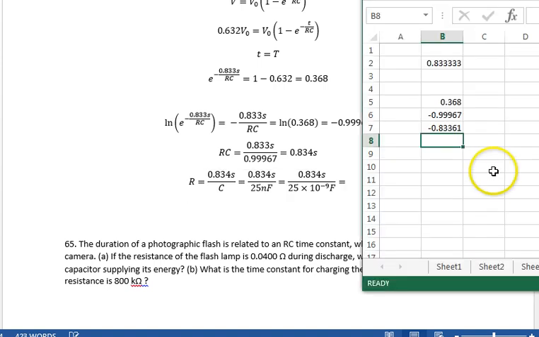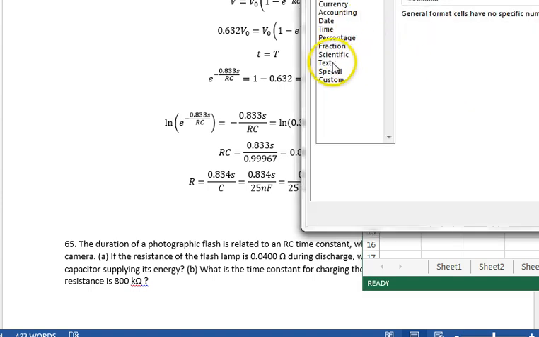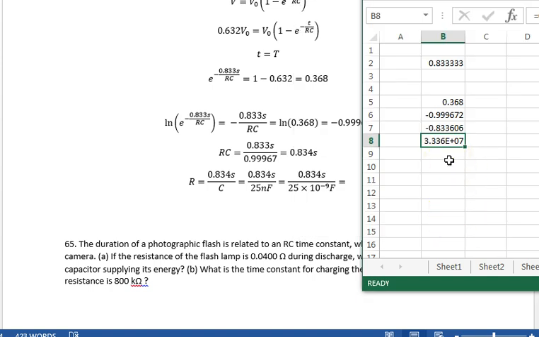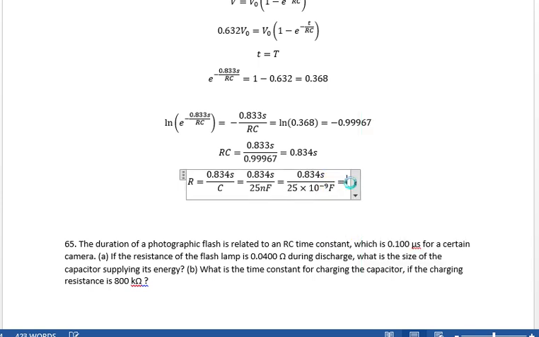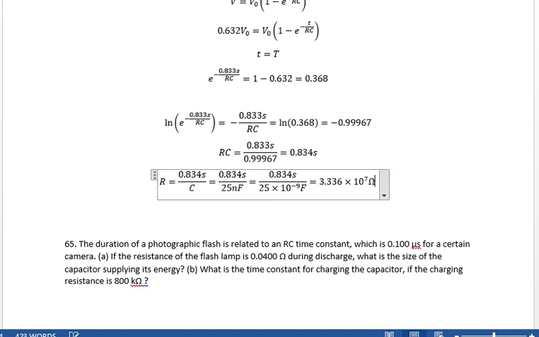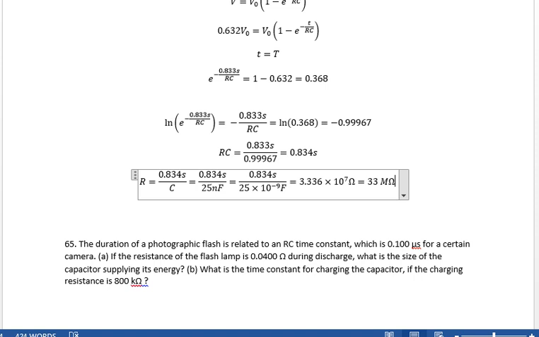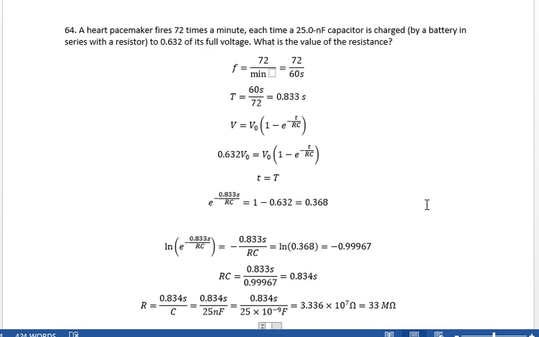Okay, so 0.834 divided by 25 e to the minus 9 is 3.336 times 10 to the 7th, which is 33 mega ohms. And that's it for problem 64.